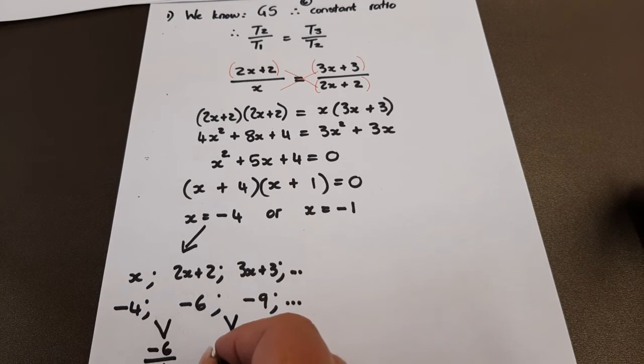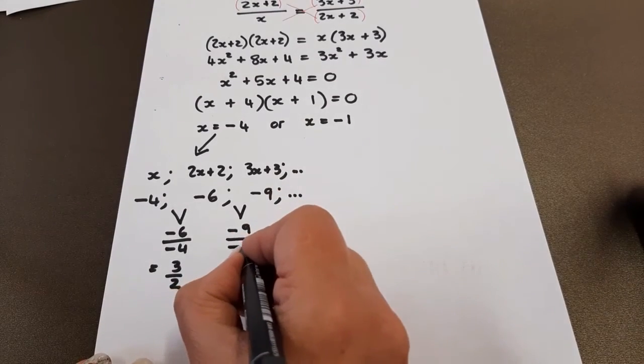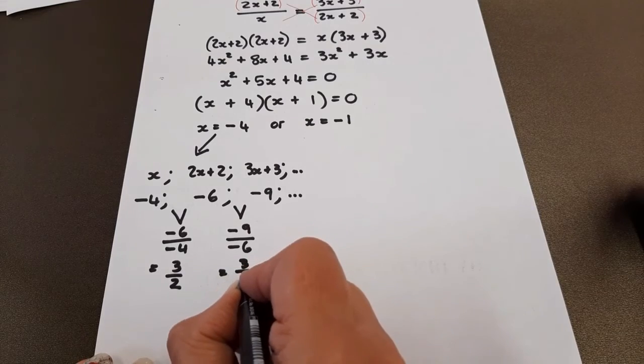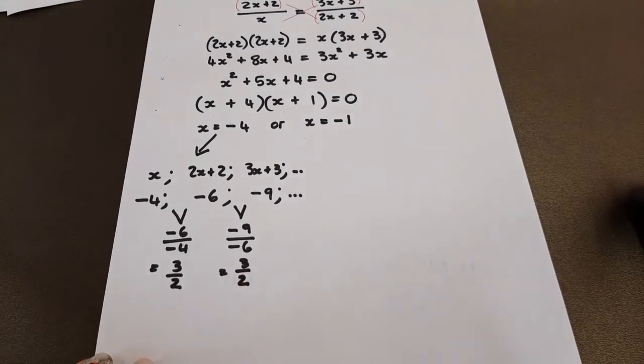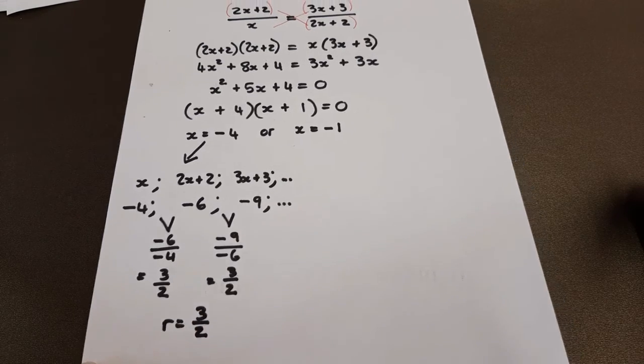In this case, it will be minus 9 divided by minus 6, and that will give you 3 over 2. So our ratio is 3 over 2 in this case.